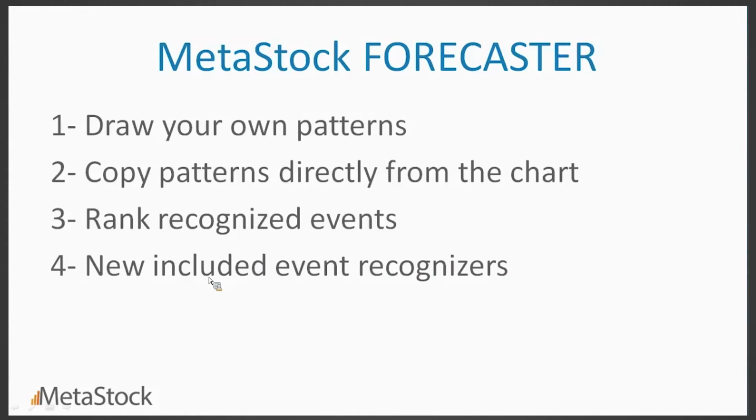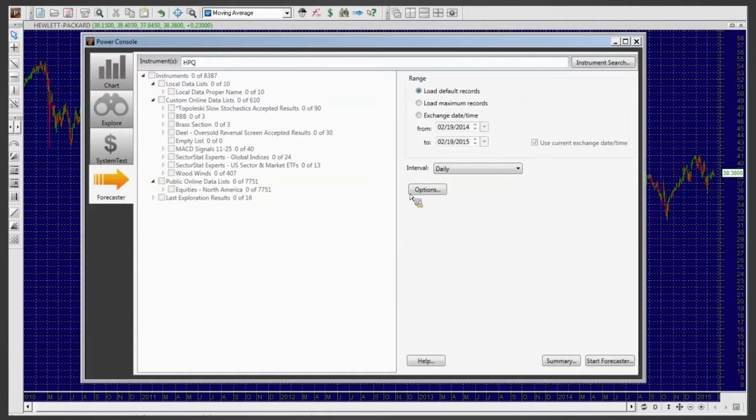As far as new things in the forecaster, in the Power Console, of course, we can go right to the forecaster. I'm going to load default records, which of course my default record setting is 1250 right now. We'll open up Boeing and start the forecaster from there.